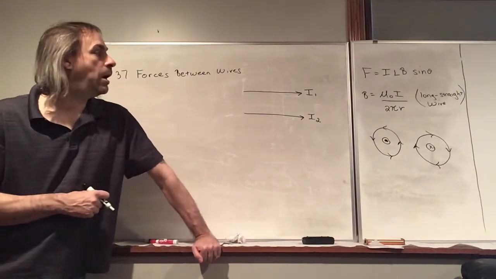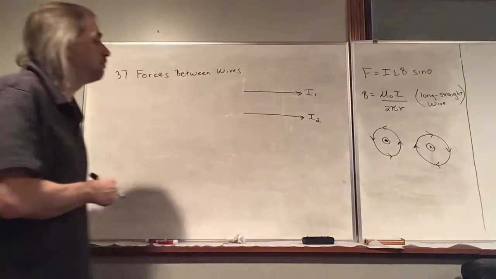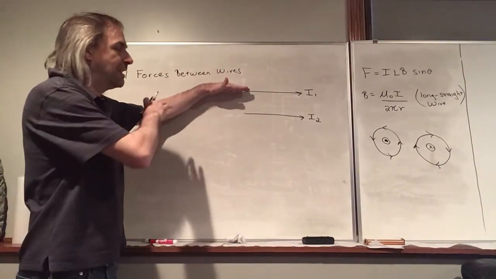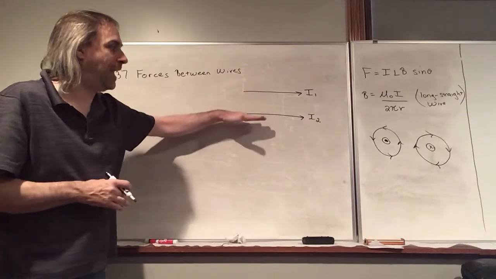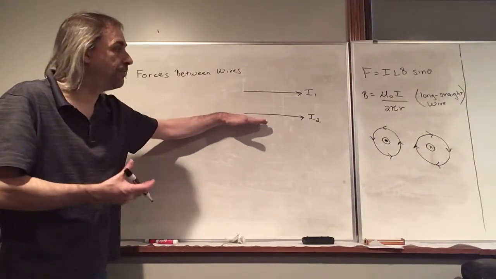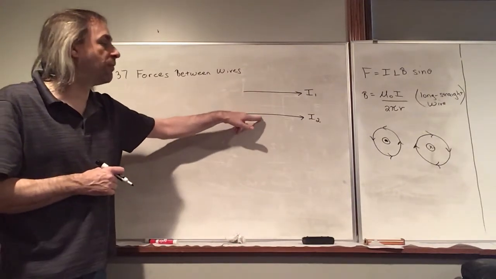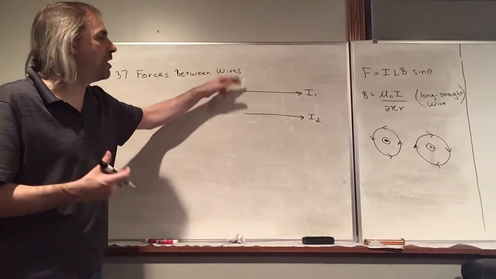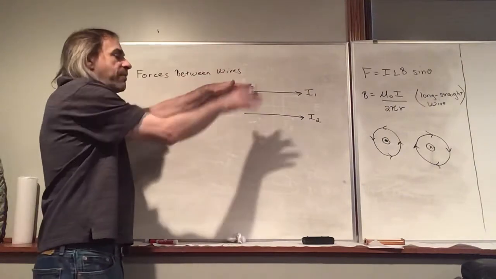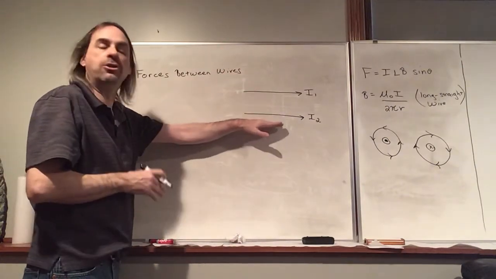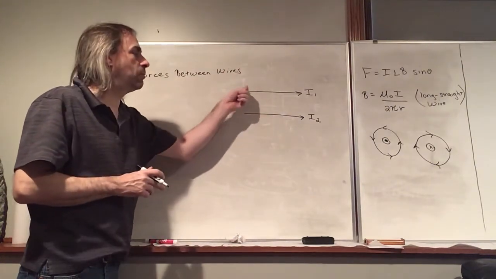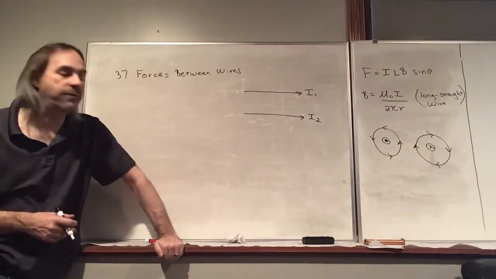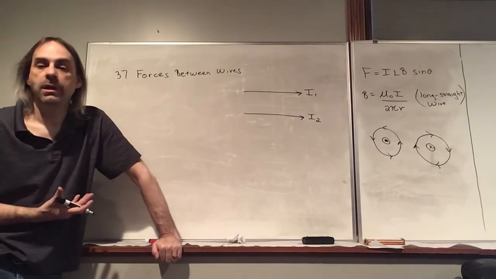So current 1 is existing in a magnetic field created by wire 2, and so the magnetic field of wire 2 is going to exert a force on wire 1. Similarly, wire 1 is creating a magnetic field in the region of wire 2, and so there's going to be a force on wire 2 due to the magnetic field of wire 1.